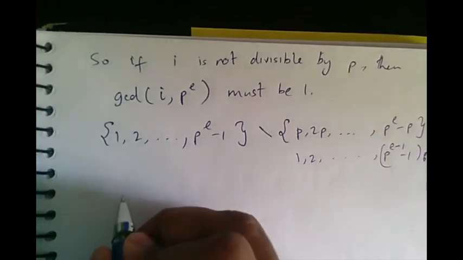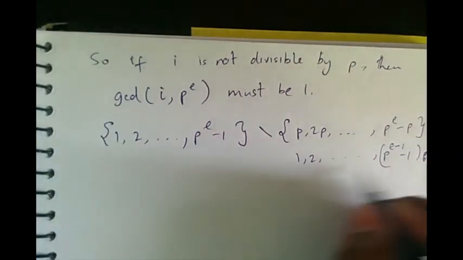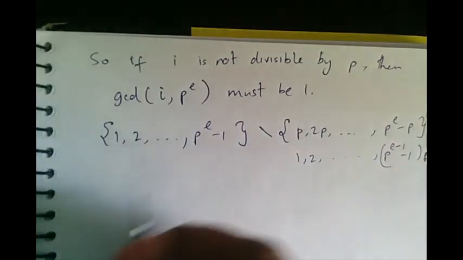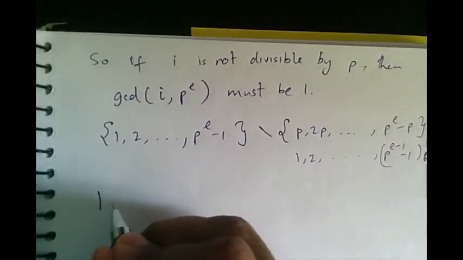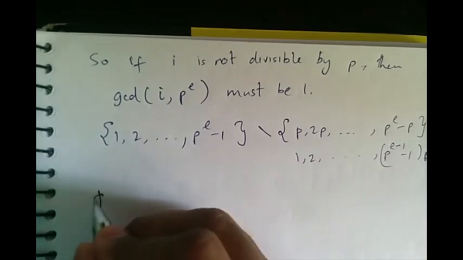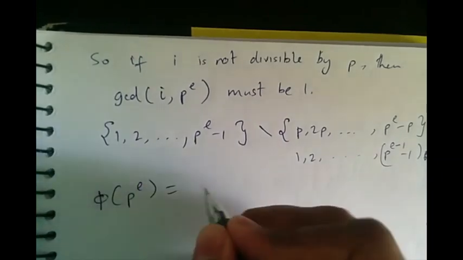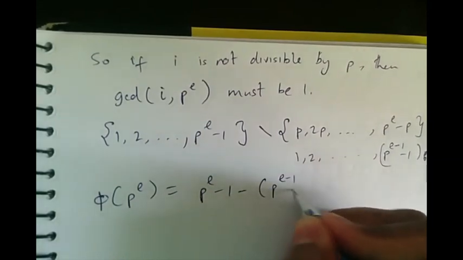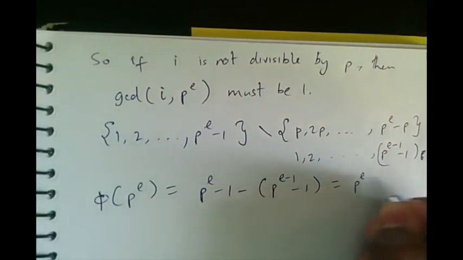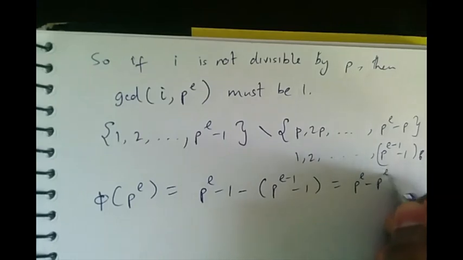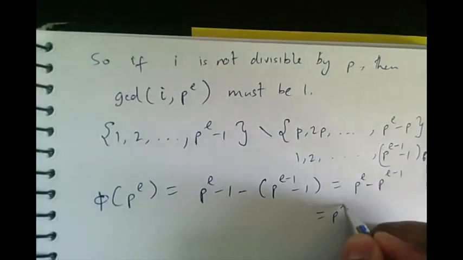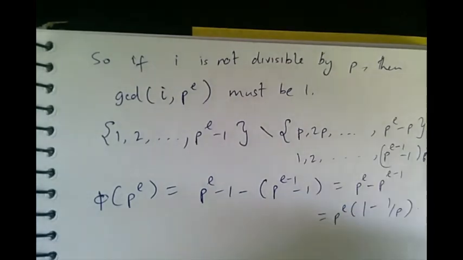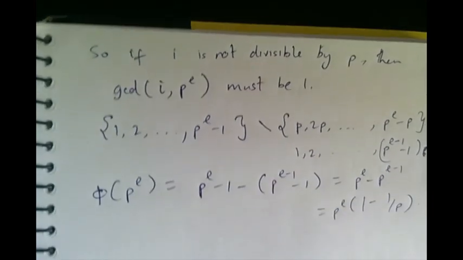So this is the number of elements which are multiples of p in this set. So we have the cardinality, or phi of p to the e, going to be p to the e minus 1 minus p to the e minus 1 minus 1, which is p to the e minus p to the e minus 1, which is going to be p to the e times 1 minus 1 by p. Okay. And we are done.